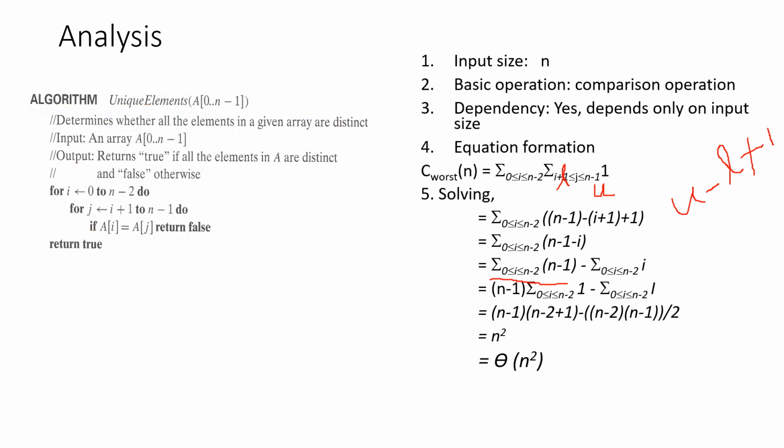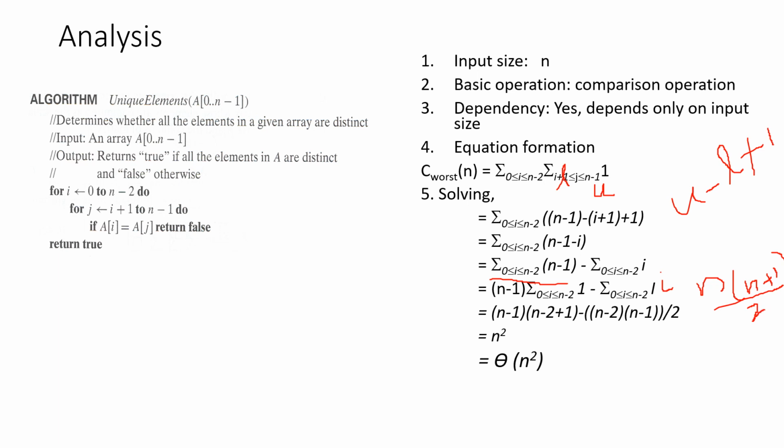So now again you have to go ahead with this. Because I is present here, you can apply the n into n plus 1 by 2 formula. Here what is the value of n?